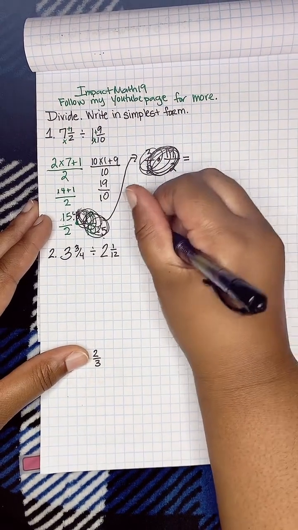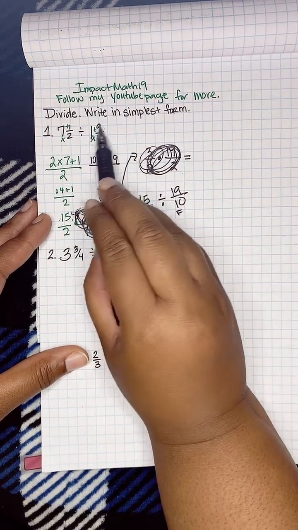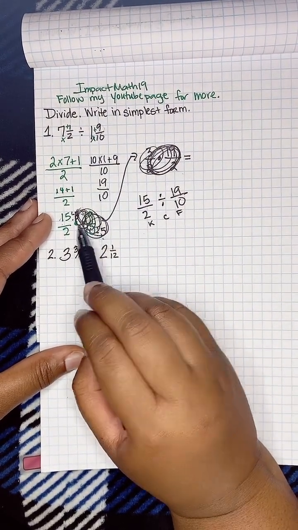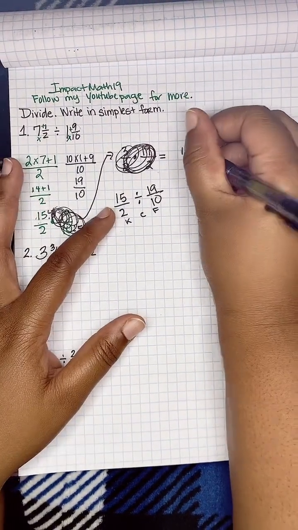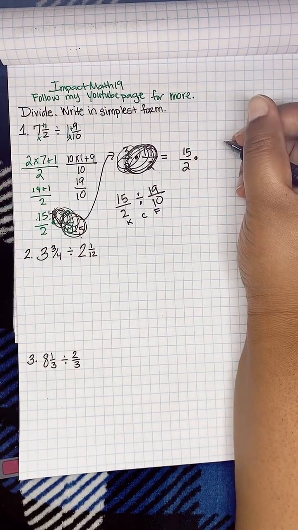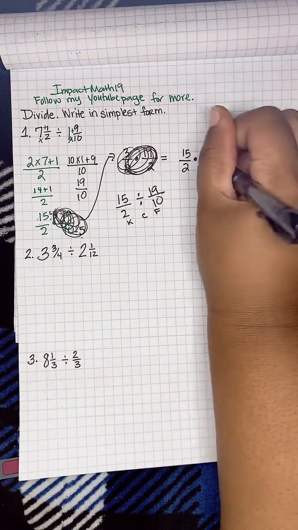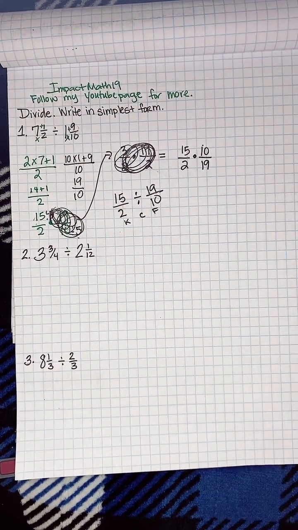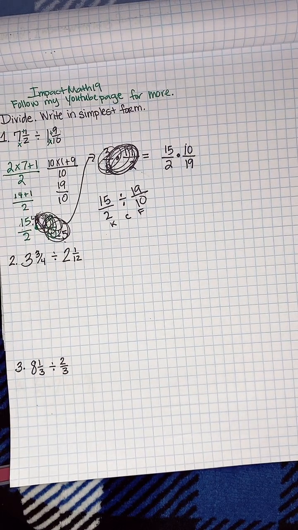Yes. So we're going to keep this, change this, flip this. We only just wrote this as an improper. I was moving too fast. So we're going to do 15 over 2 times, flip this, 10 over 19. Thank you. Yes. I never changed it. My bad. Good catch.